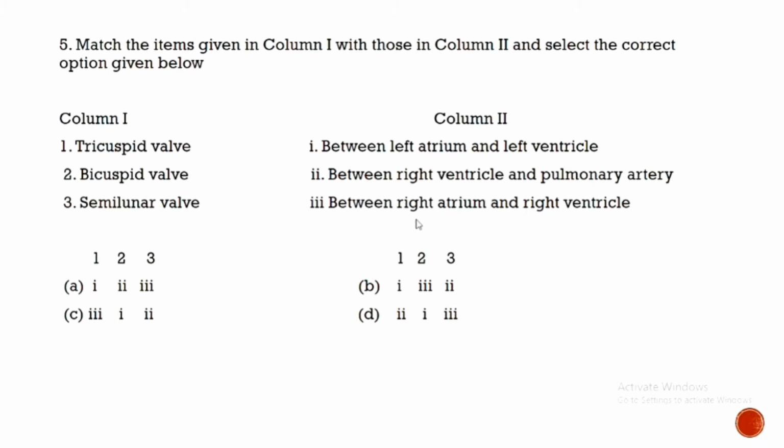The bicuspid valve is a valve opening present between the left atrium and left ventricle. And the semilunar valve is a valve present between the right ventricle and the pulmonary artery of the heart.